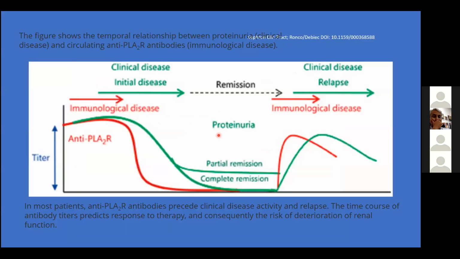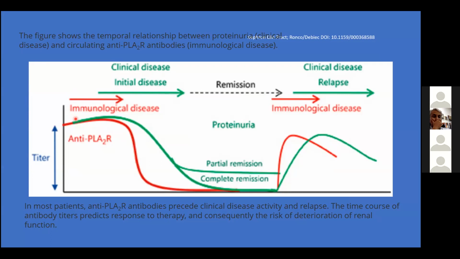So what is the temporal relation between the clinical disease and the circulating serum PLA2R antibodies? Usually this PLA2R antibody appears before clinical disease activity. So this marker definitely helps in identifying membranous nephropathy very early in the course of disease.